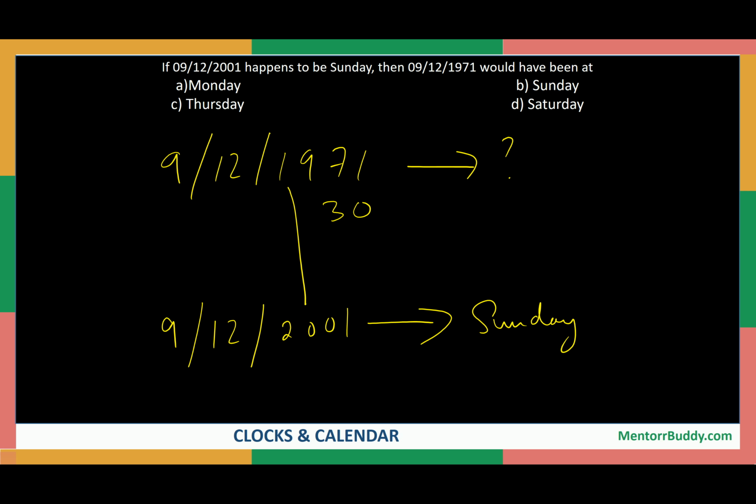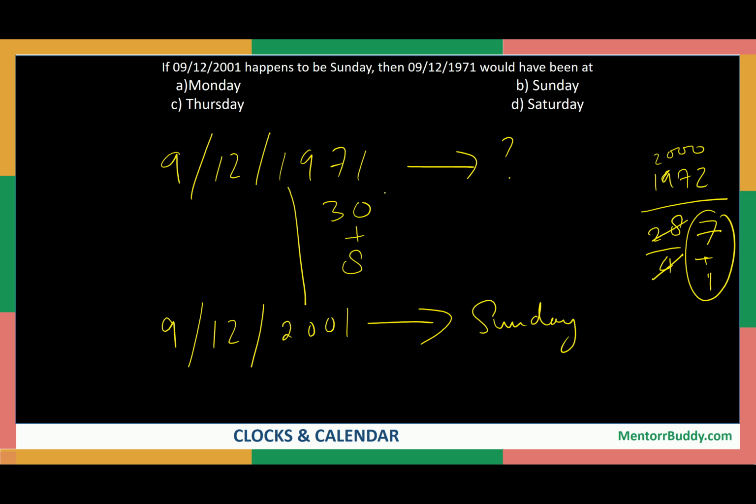The first leap year after 1971 is 1972, and the last leap year is 2000. We subtract, it becomes 28, divided by 4 it becomes 7, increase 1 in it. So there are a total of 8 leap years. 30 plus 8, we got 38 odd days between these two dates.